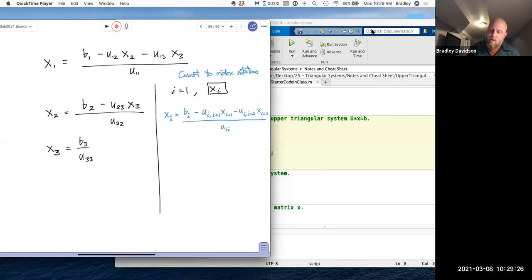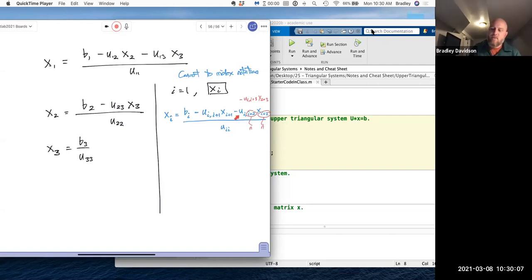We would need to add a term that said negative u sub i, i plus 3, times x sub i plus 3. We're going to keep adding each of those terms until we get to the largest dimension of that matrix. Our U matrix is n by n, so we would keep adding these terms until we got to the end, which is n, the dimension n. All right, does that make sense?